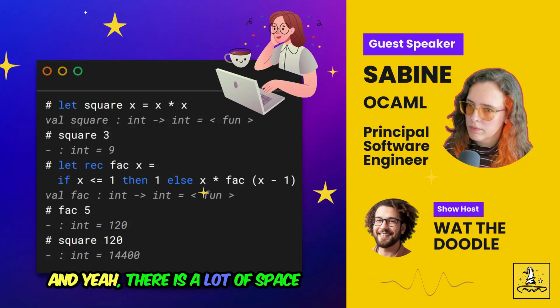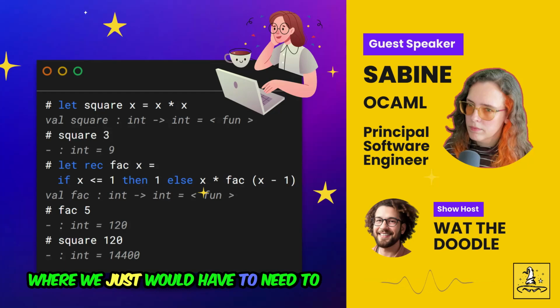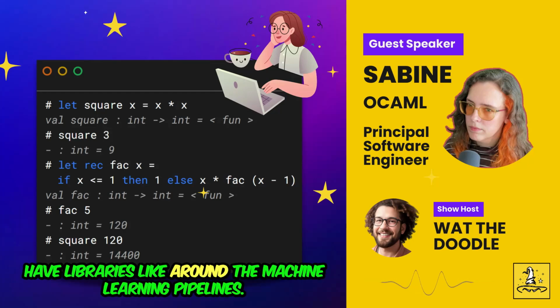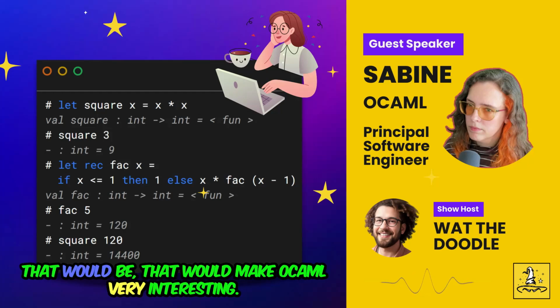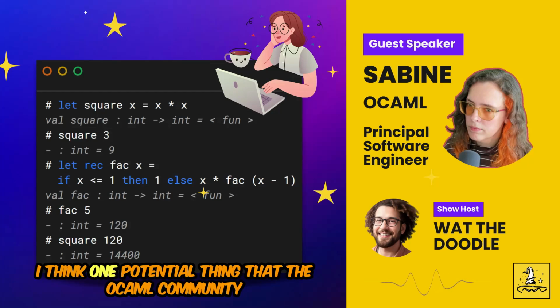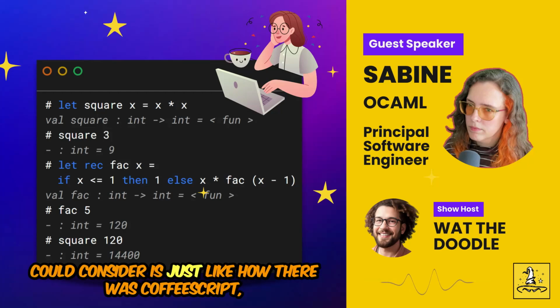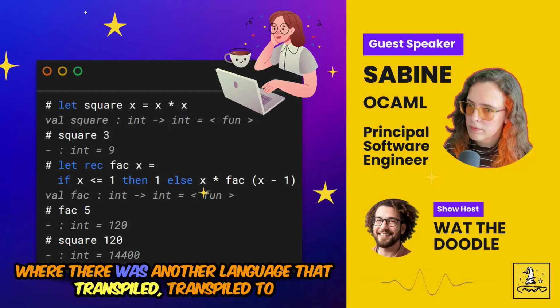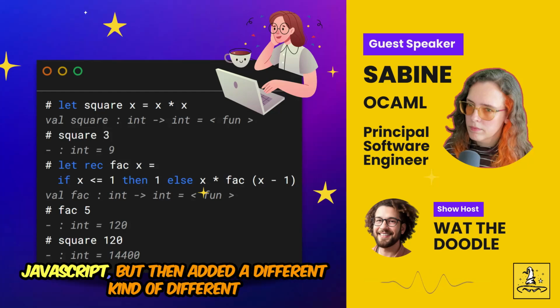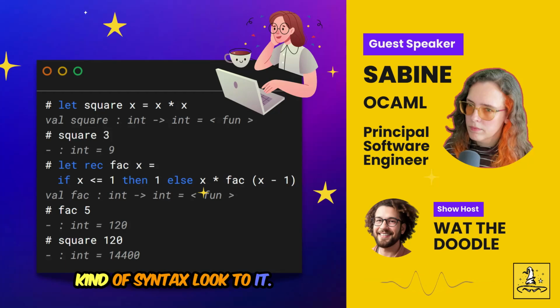And yeah, there is a lot of space where we would need libraries around machine learning pipelines that would make OCaml very interesting. I think one potential thing that the OCaml community could consider is, just like how there was CoffeeScript, another language that transpiled to JavaScript but added a different kind of syntax look to it.